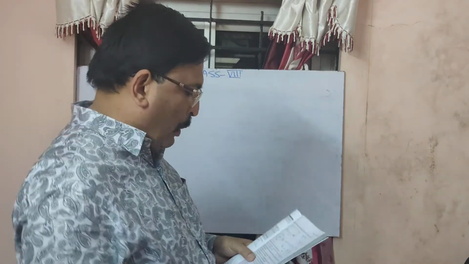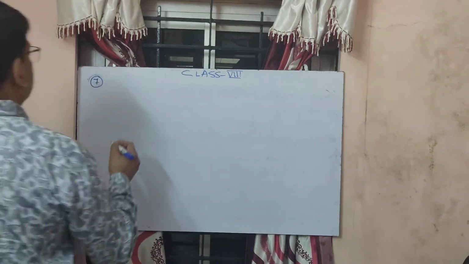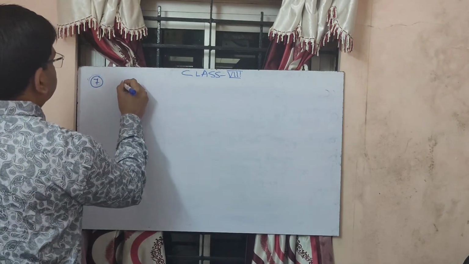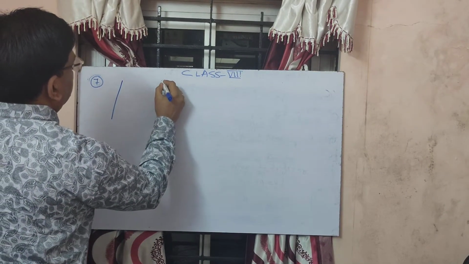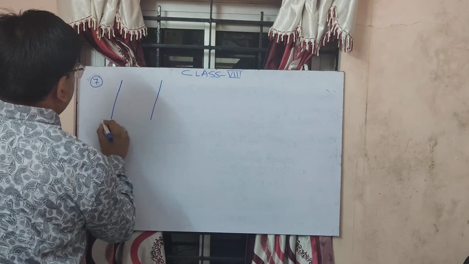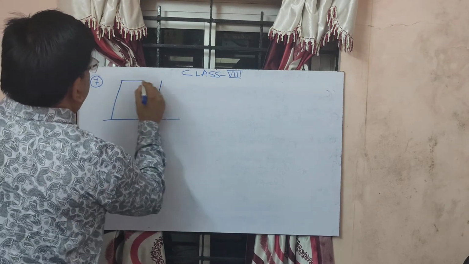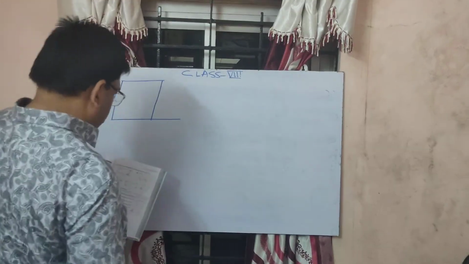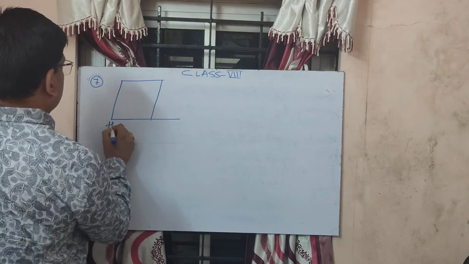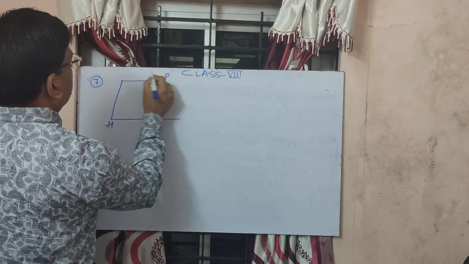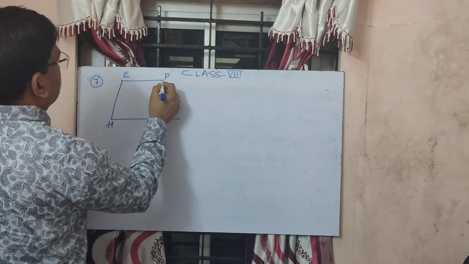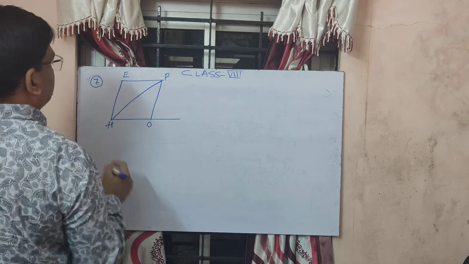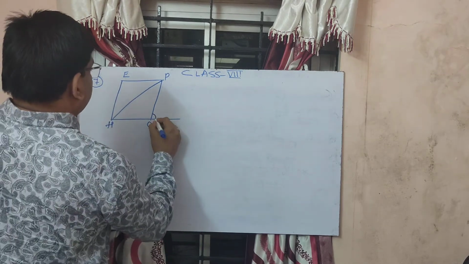The adjacent figure: now you just draw this figure. It is there in your book. Always use a pencil and scale to draw the figure. Now this is a diagonal here. Now this is 70 degrees.